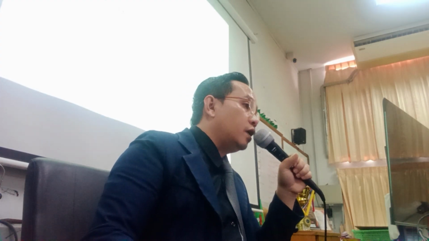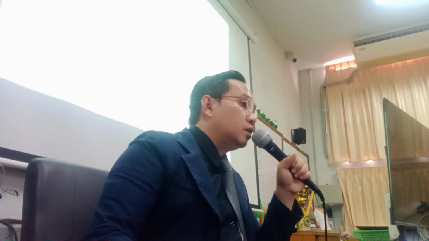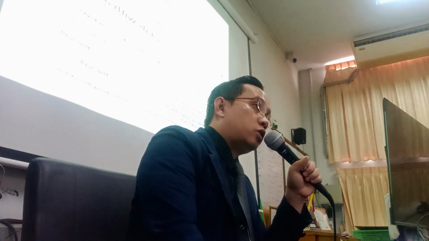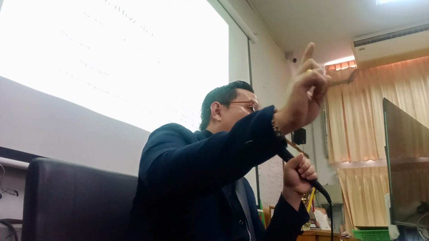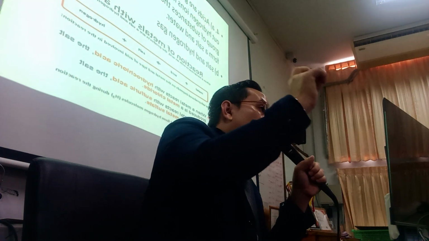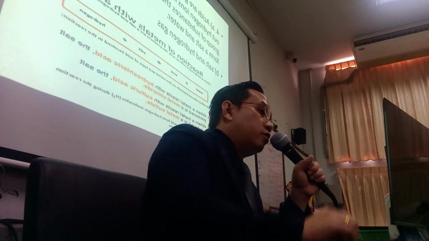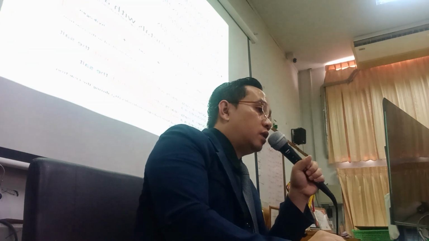Now, the reaction of metals with acid: the salt produced depends on the metal and the type of acid involved. So metal plus acid are the reactants, and the products are salt and hydrogen gas.